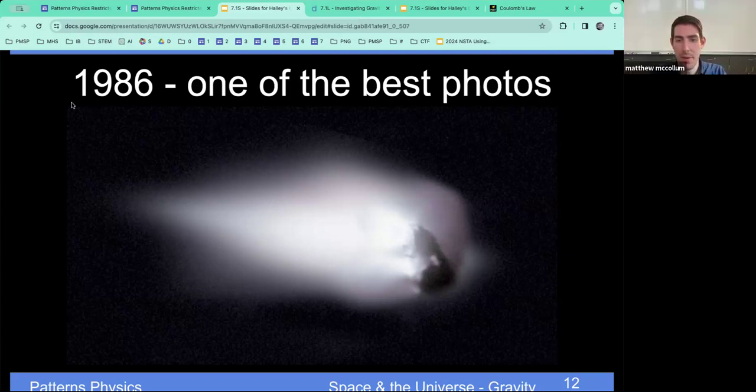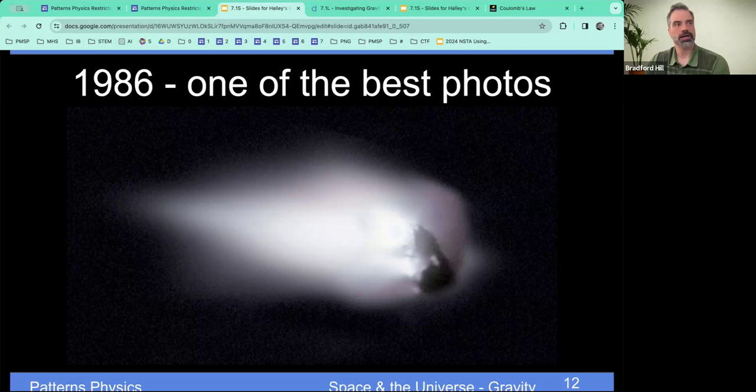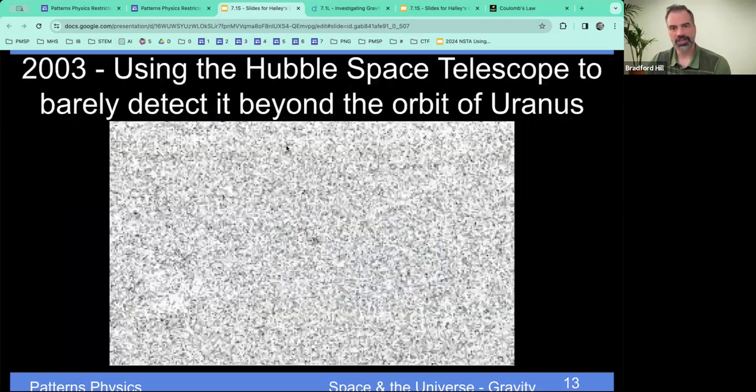Awesome, thank you. And then here in 1986 it returns, so of course better telescopes are able to get better images. And then in 2003, it's way out there near the orbit of Uranus, and really it's just that darker patch right there in the center.